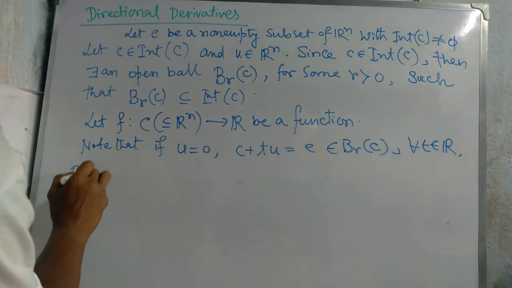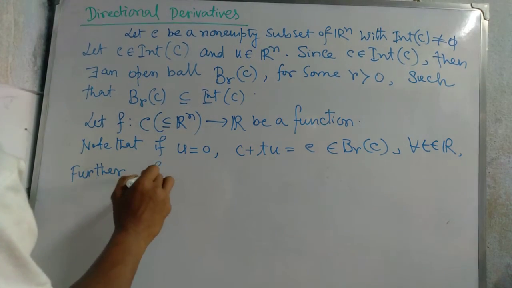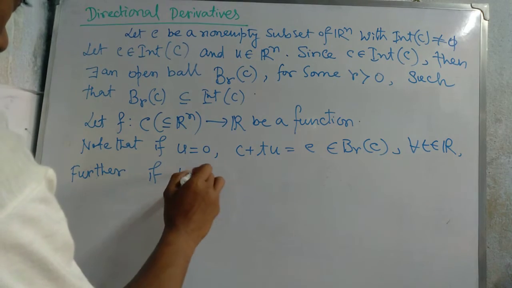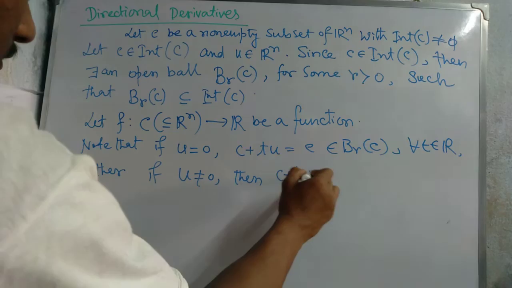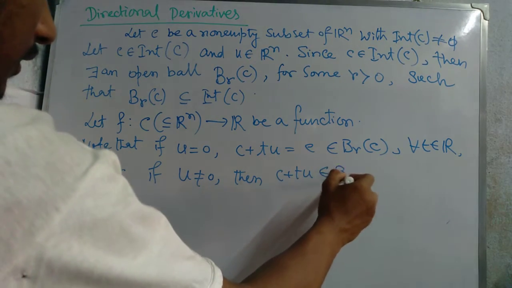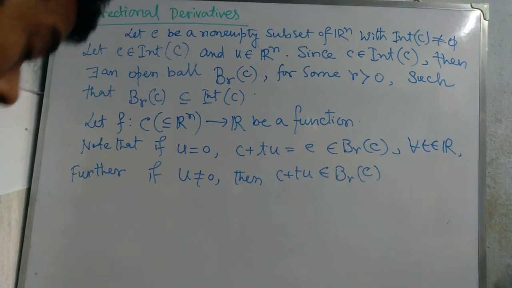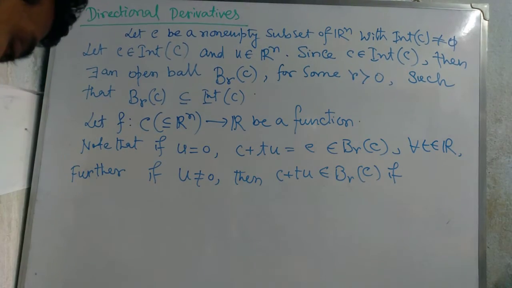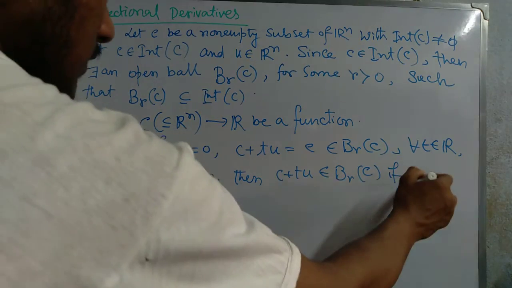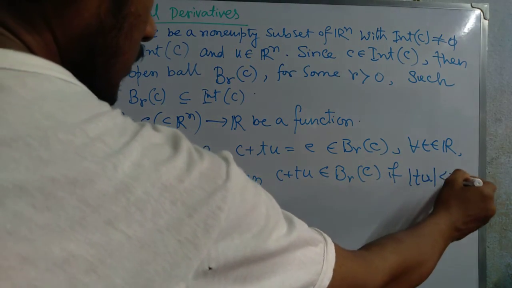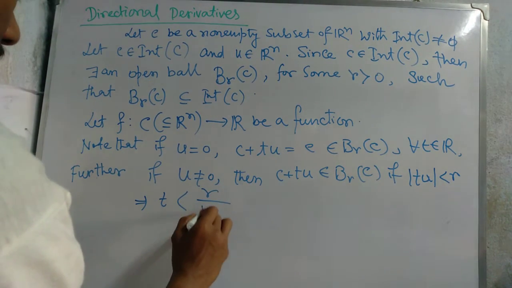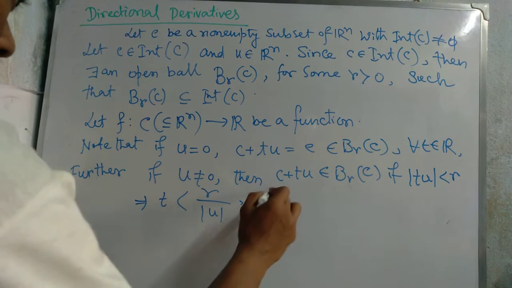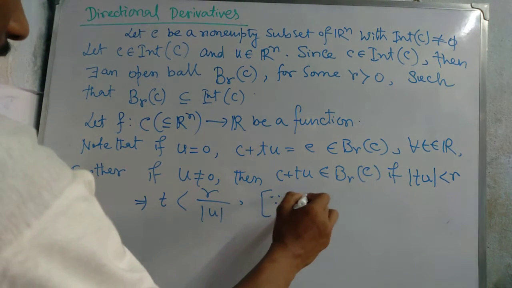Further, if u not equal to 0, then c plus tu belongs to B_r(c) if norm of tu is less than r. This implies t is less than r divided by norm of u, since u is not equal to 0.